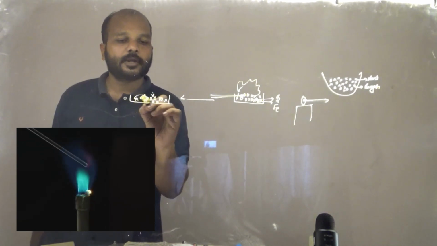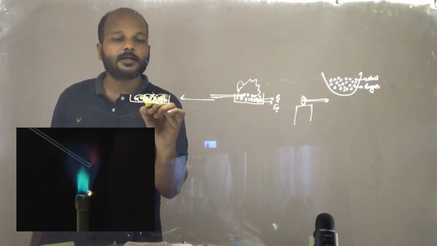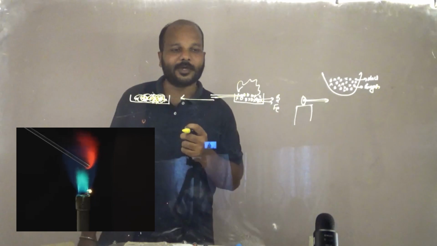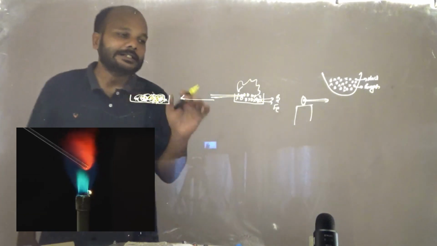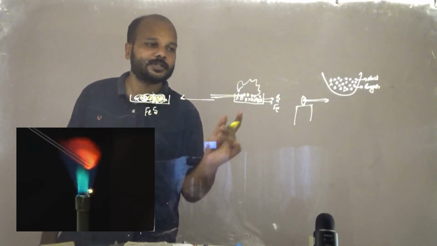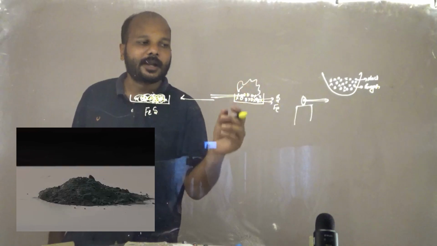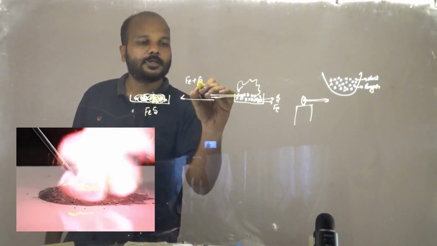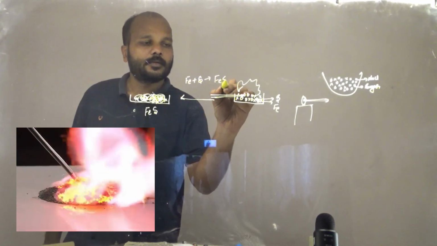You will see some dark, black powdery substance forming here. This could be iron sulfide, because when you give intense energy, the iron and sulfur react to form FeS.